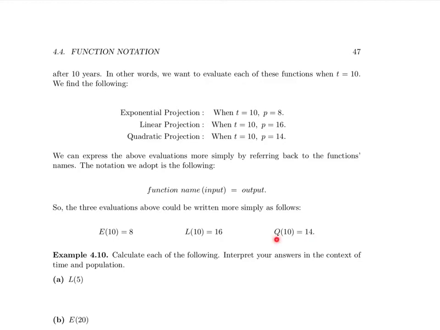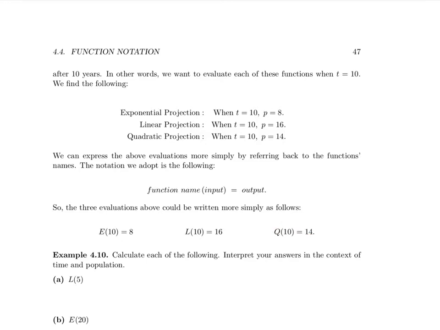I use the letter q, referring to the quadratic function. I put 10 behind it in parentheses, meaning that I'm substituting the number 10 into the function q, and the resulting output, that's the quantity I'm outlining here, this is the output, equals 14.